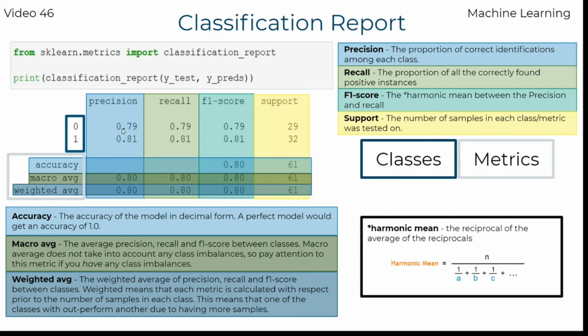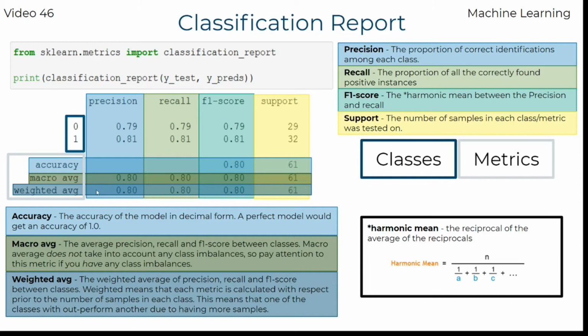If this one says 0.79 for 0 and this one says 0.891, that isn't really considered a class imbalance, although they are different. There's only about a 0.02 difference, so that's not really a class imbalance. If you do have any big class imbalances, pay attention to this metric because it won't take them into account.